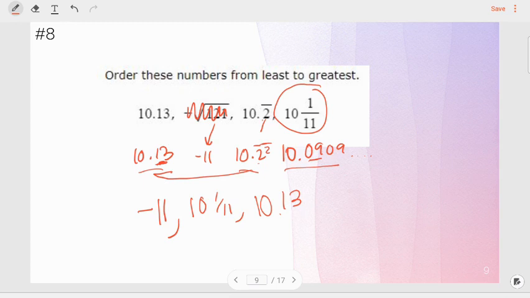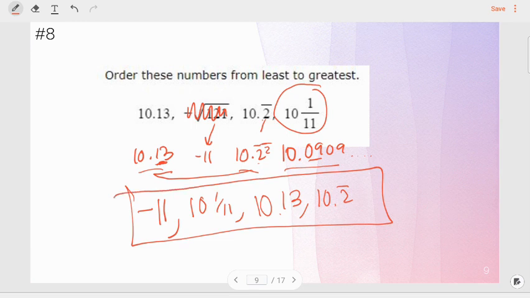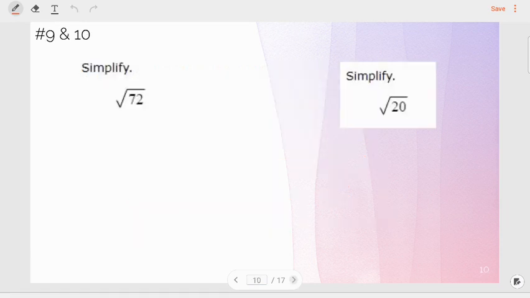So 10.3 and 10.2 repeating. So that is my order from least to greatest. Noticing I'm looking at that tenths place, that first decimal place after the decimal, and that's giving me enough information. Smaller, the next smallest, the next bigger, and the next bigger.